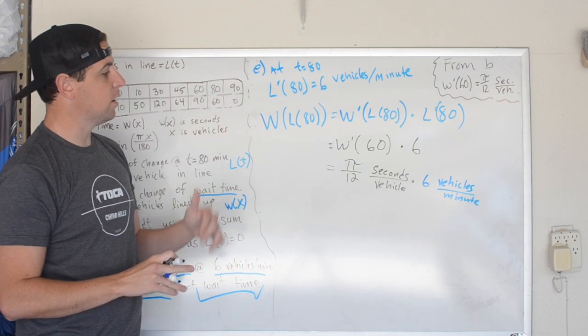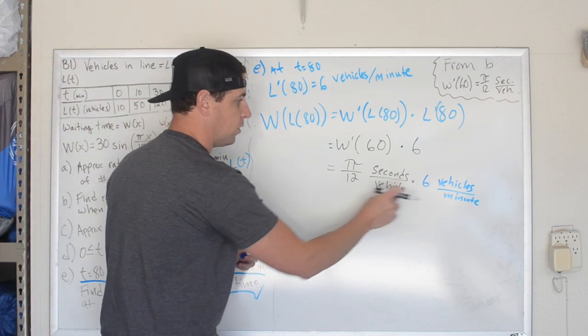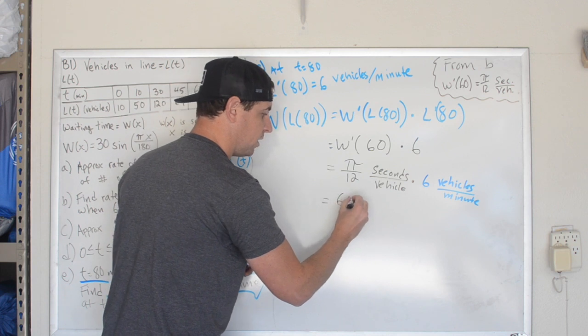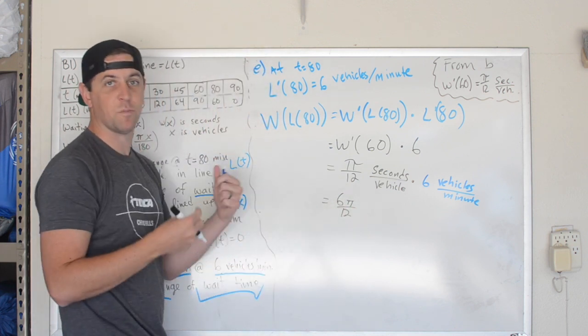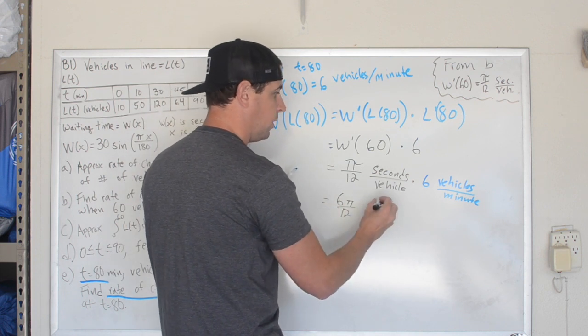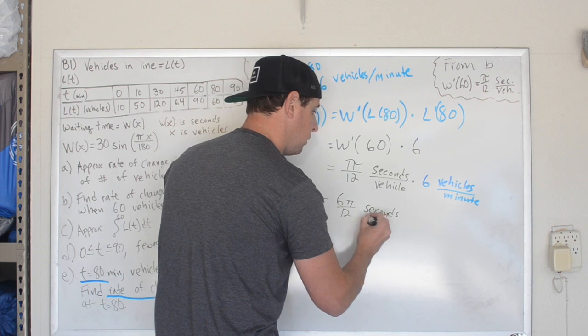And at this spot, we can realize that the vehicles will divide out. So what's left over is 6 times pi over 12, which we can write as 6 pi over 12, or if you want to write it as pi over 2, that's totally fine. And we got 6 pi over 12 seconds per minute.